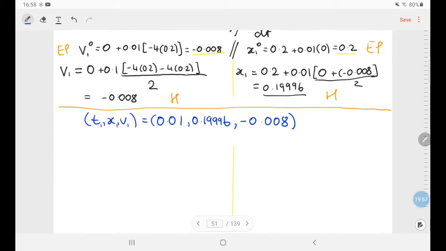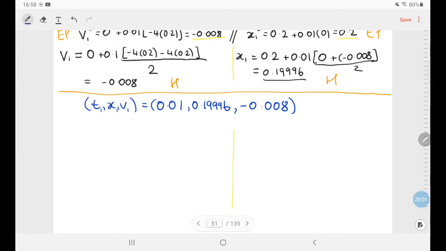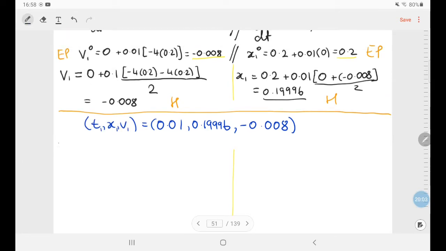We're just going to do one more iteration of this. Okay, so let's figure out what's going on at the next point, 0.02. We'll do our predictors first. So our v for t equal to 0.02 is the previous v value, minus 0.008, plus the step size 0.01 times the slope of v.